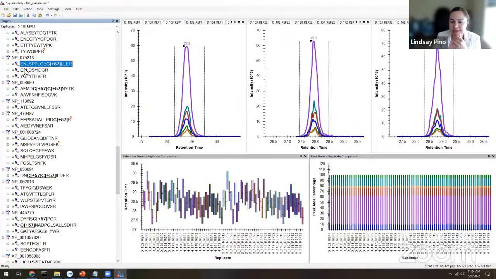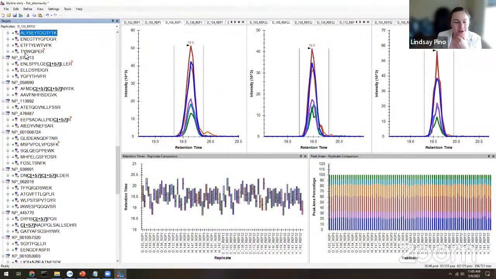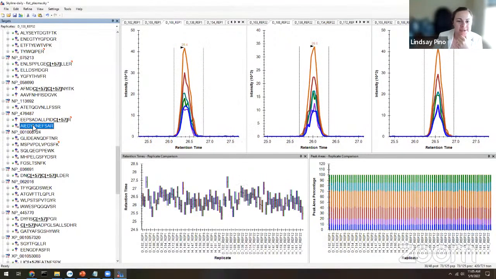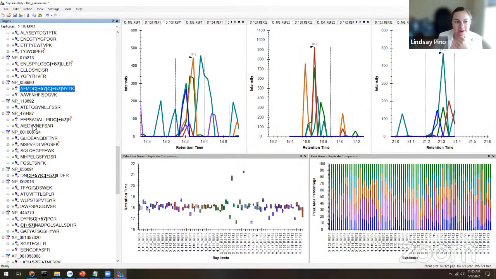So we can look across a bunch of these peptides, and some of these chromatograms, this example on ENLSPP, this chromatogram looks great. If there was a chromatogram that did not look great, we can go back to some of these guys down here that looked awful.